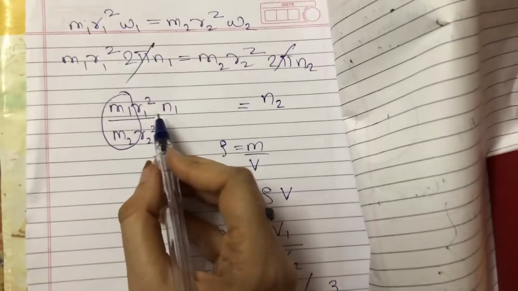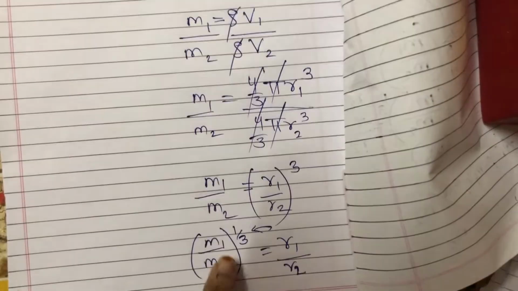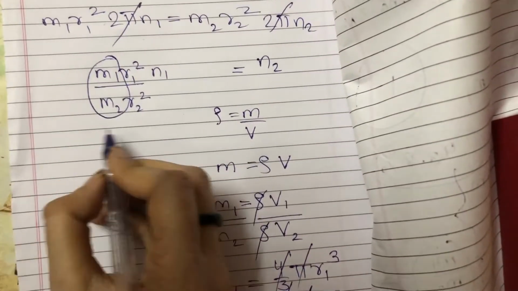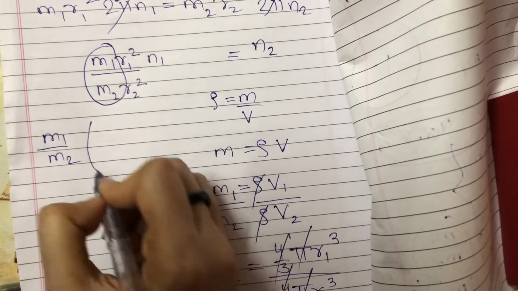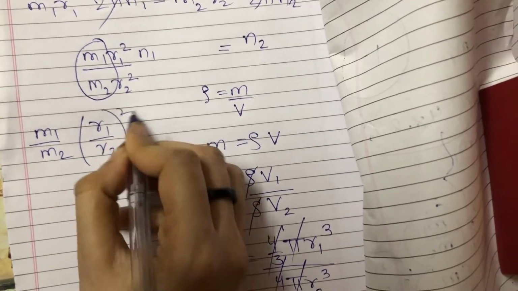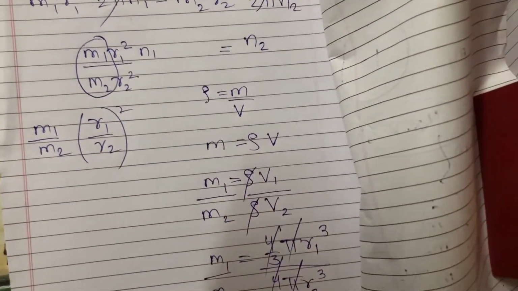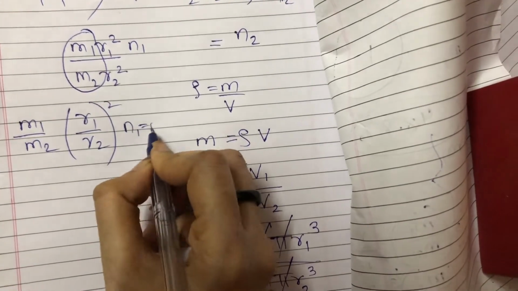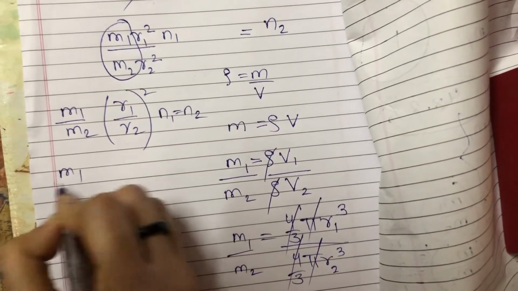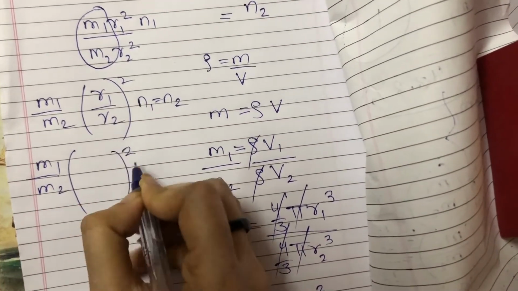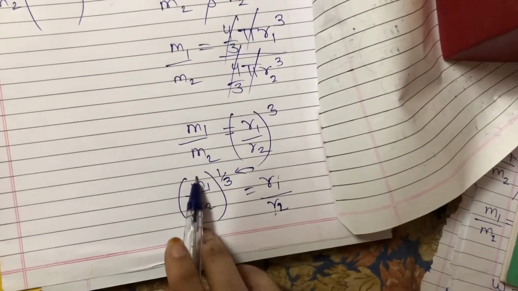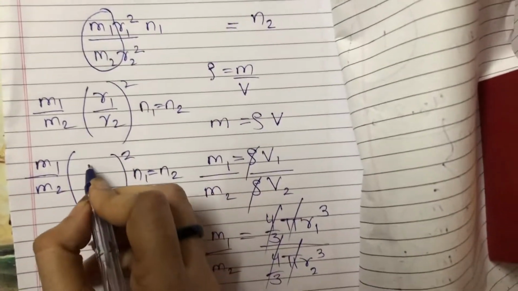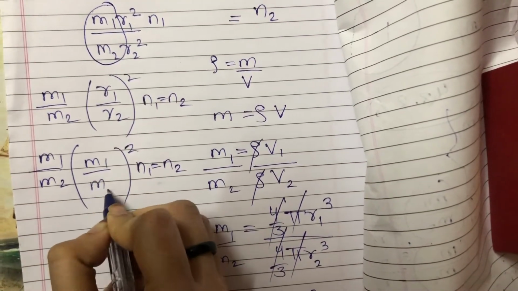Now can you notice r1 upon r2 over here? Now we'll write this r1 upon r2 in terms of mass. So let's do that first. m1 upon m2 times r1 upon r2 the whole square. I can write it like this because r1 is also squared and r2 is also squared, n1 is equal to n2. Now m1 upon m2, let me write the square, n1 is equal to n2. Now what is r1 upon r2? r1 upon r2 is m1 upon m2 cube root.